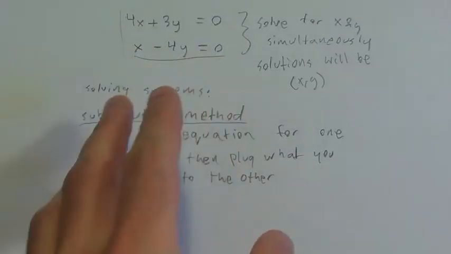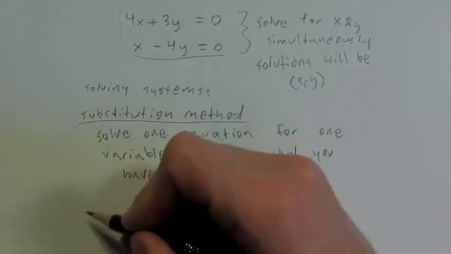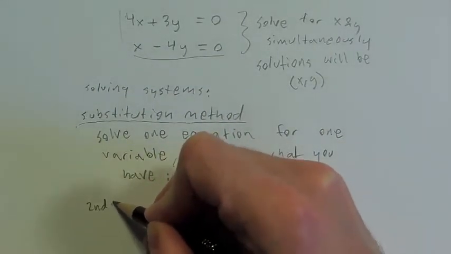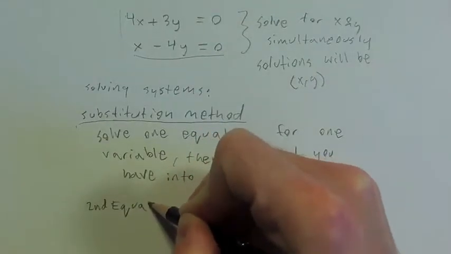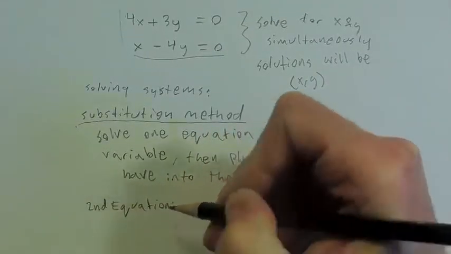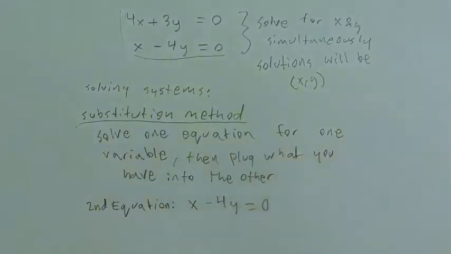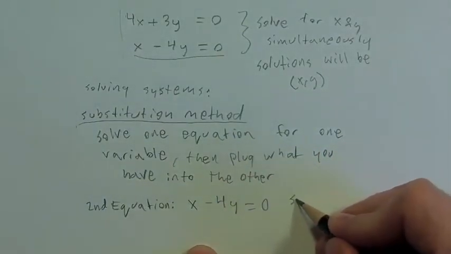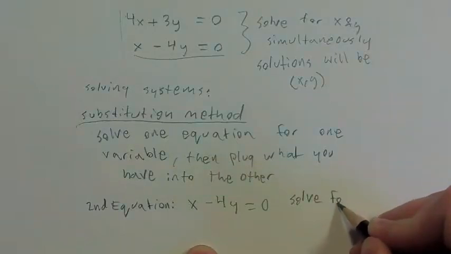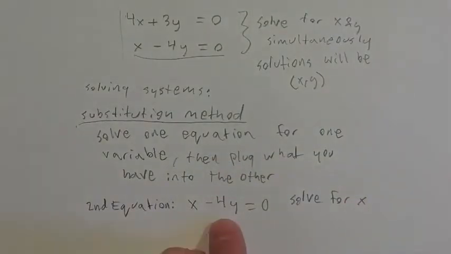So here we're going to take the second equation, which is x minus 4y equals 0, and I'm going to solve it for x. Which is basically just moving that 4y over.